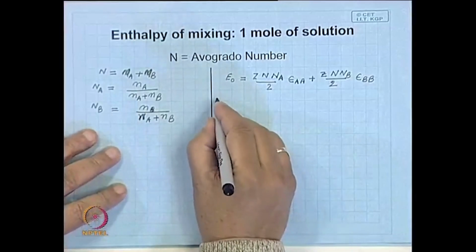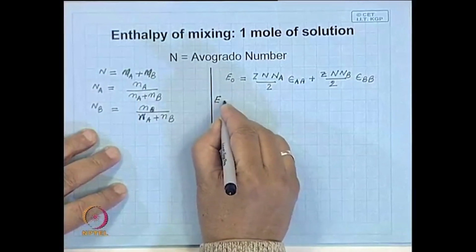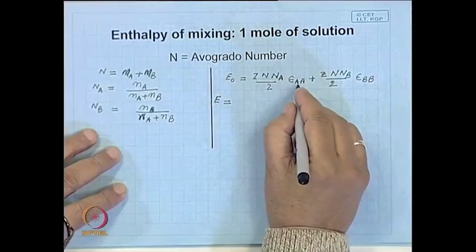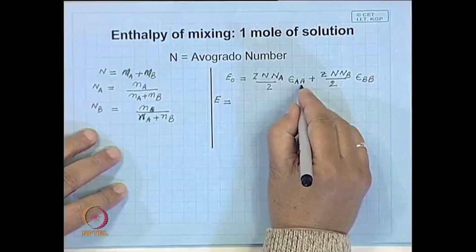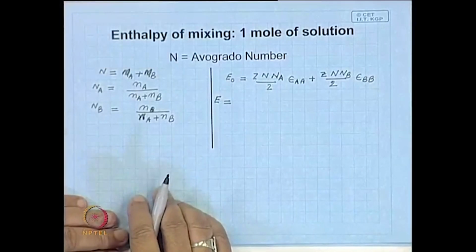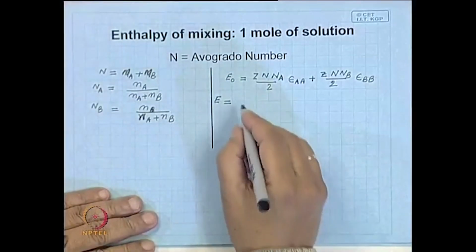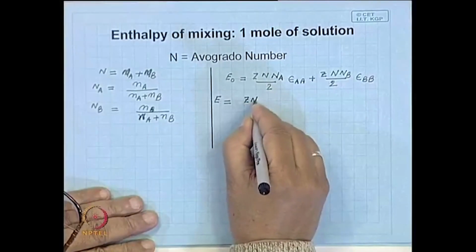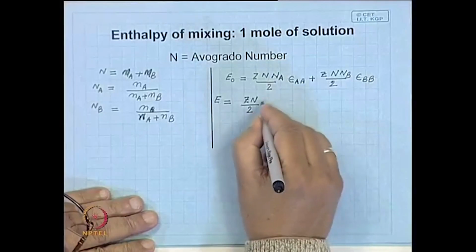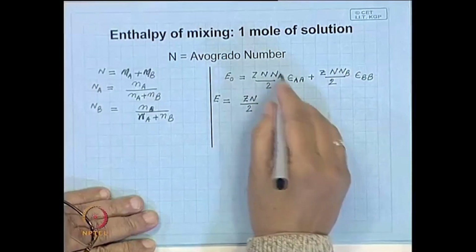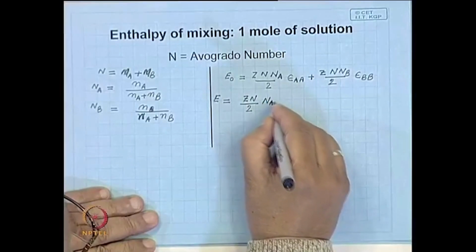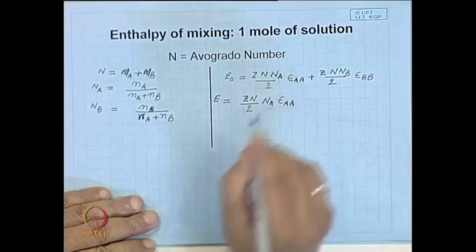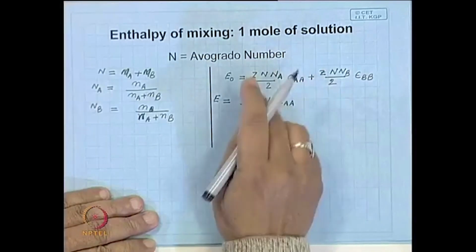Now, when mixing takes place, what happens? A certain number of AA bonds will be replaced by AB bonds, and how do you calculate this? This will be Z n by 2. This is the total number of bonds Na. Now, out of this, only a fraction is replaced, and is now an AB type of bond.